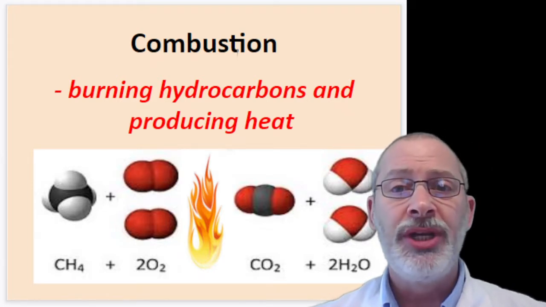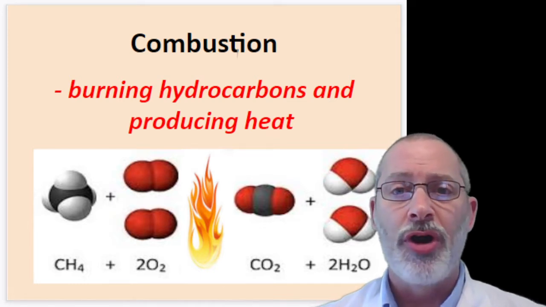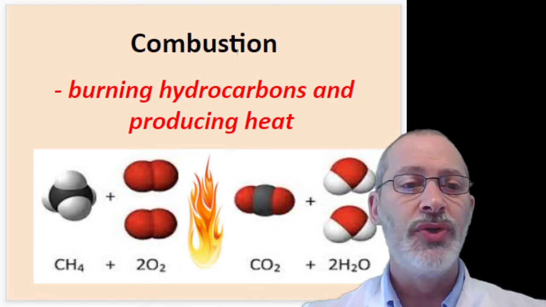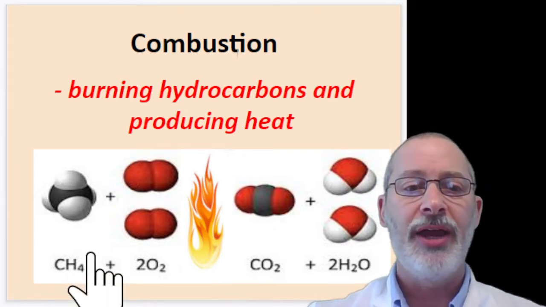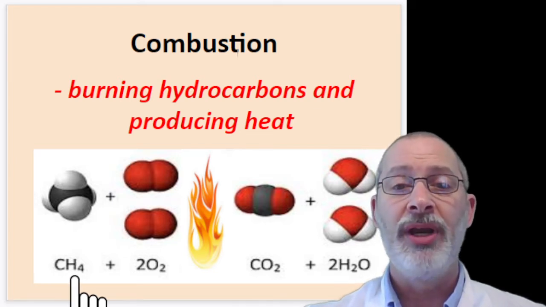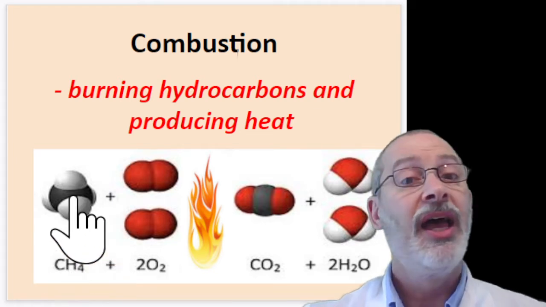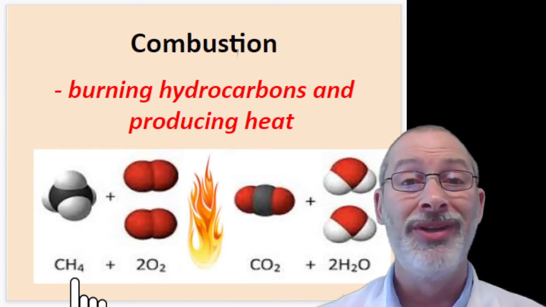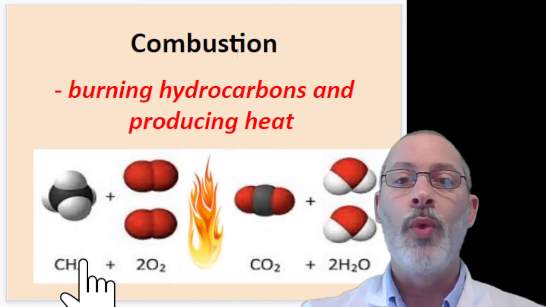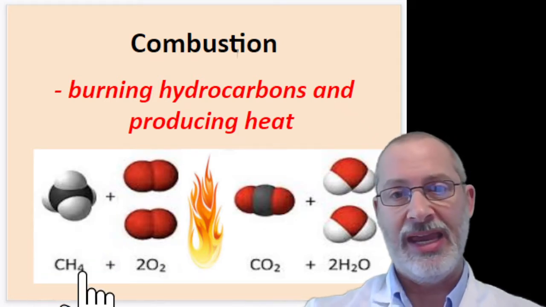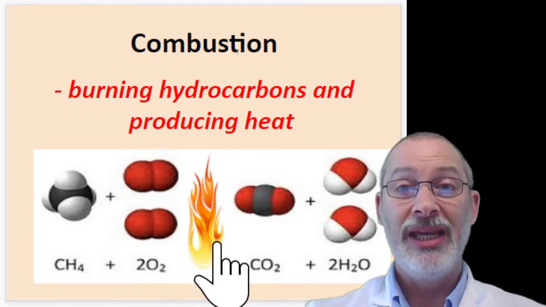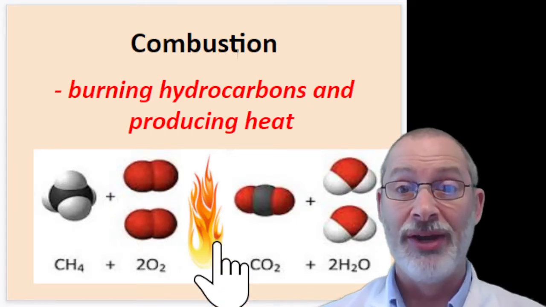So combustion is the burning of hydrocarbons in order to produce heat. If you see in this particular diagram, here we have a compound with carbon and hydrogen. This is a hydrocarbon, actually known as methane. And when you burn methane with oxygen atoms, it produces heat energy.